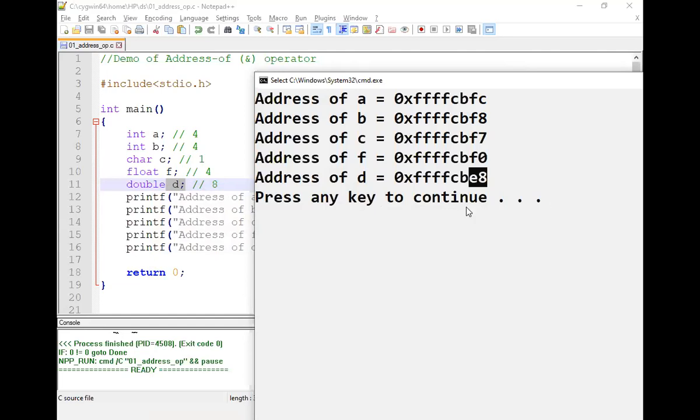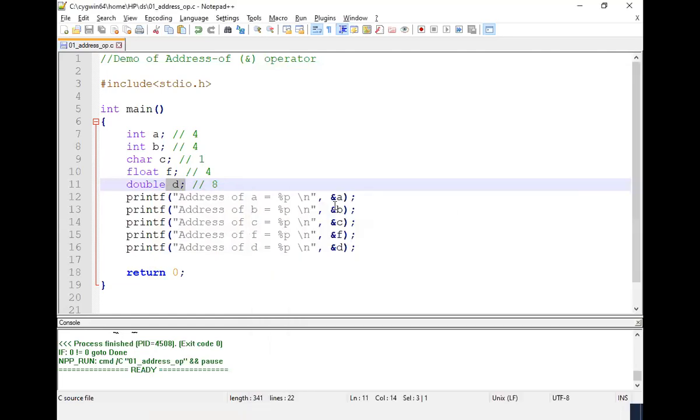Yes, sir. Okay. Now, let me quickly give you a demo of the other one, called the indirection operator. We have studied the indirection operator, right? Theoretically, the indirection operator is a star.